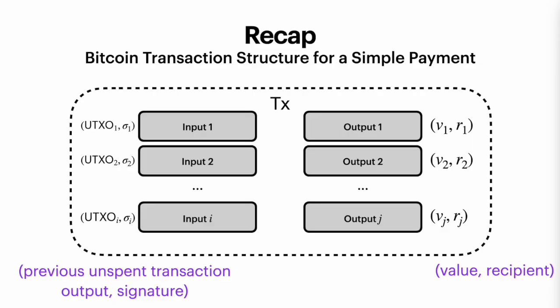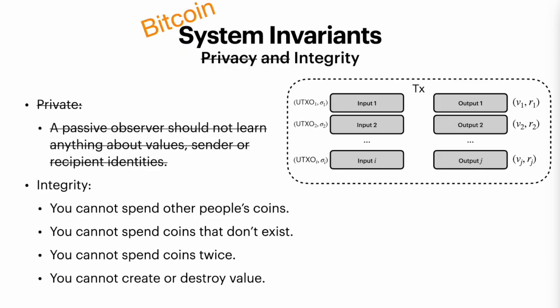So pretty easy. Now let's take a look back at the system properties and remind ourselves how we maintain the invariants we just described given the structure of this transaction. So let's think about Bitcoin. We already established we don't have the first property, we don't have privacy, but we certainly have the others.